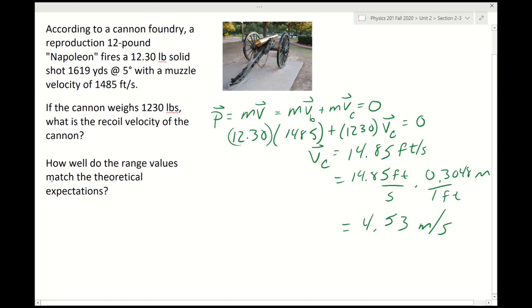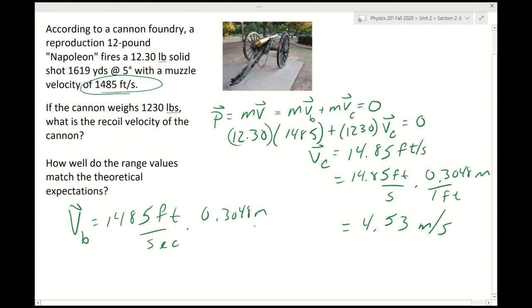How well do the range values match the theoretical expectation? So now, if you know what that is in terms of meters per second, which is a straightforward calculation. So VB, which is 1485 feet per second, times 0.3048 meters per foot.